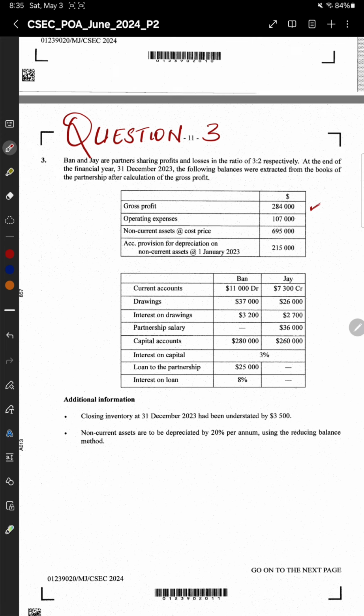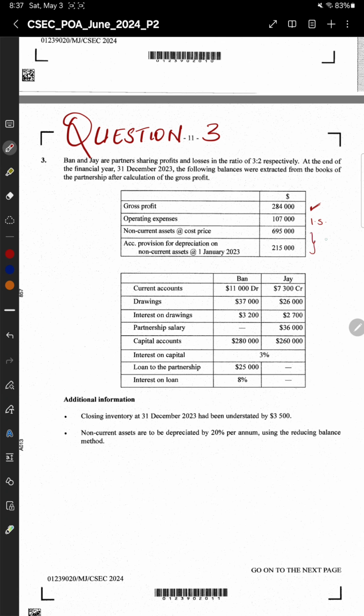Operating expense has to go in the income statement. Non-current asset, cost price, and then provision for depreciation. We'll use this to calculate the depreciation for the period. So these 2 items will be used to calculate the carrying amount.